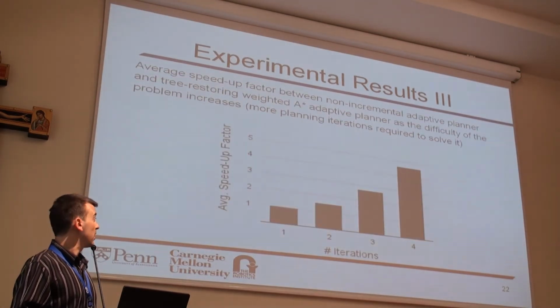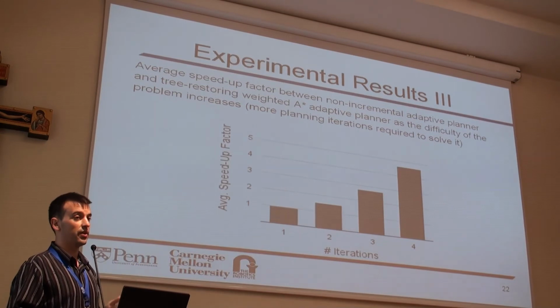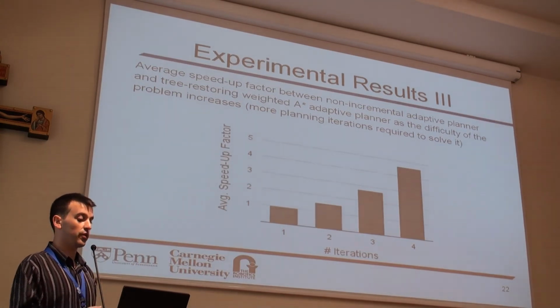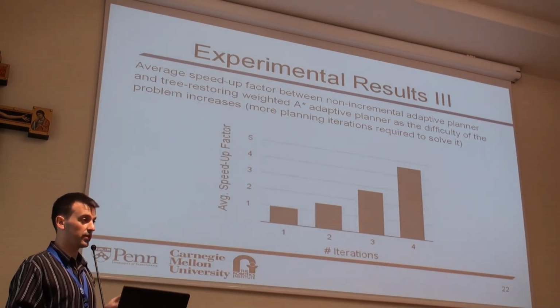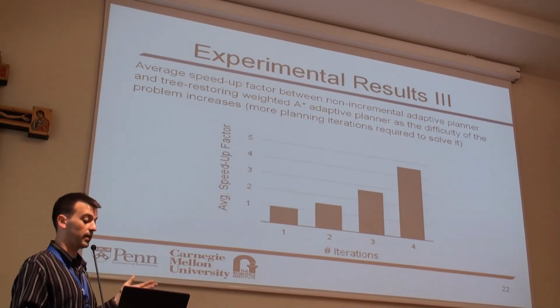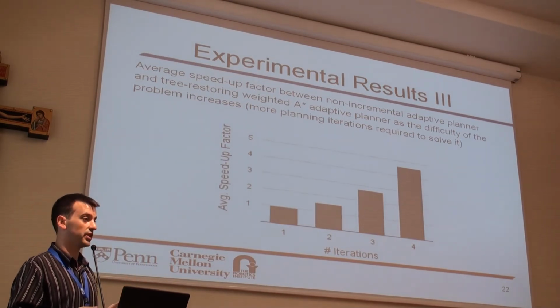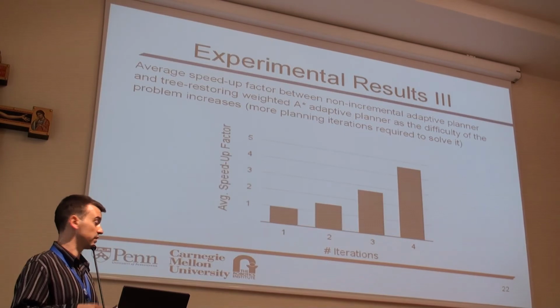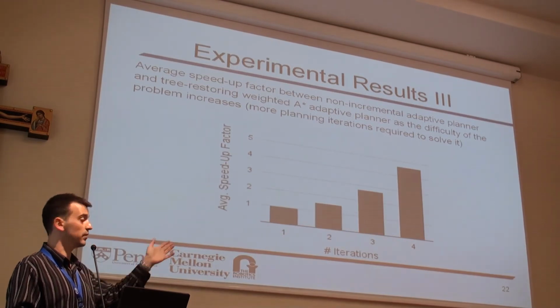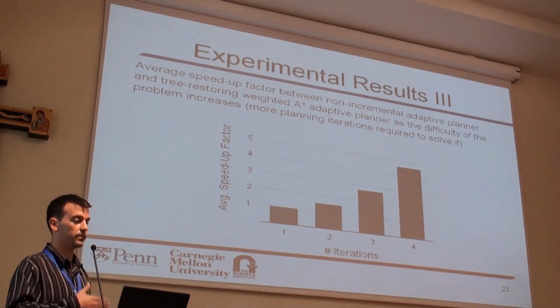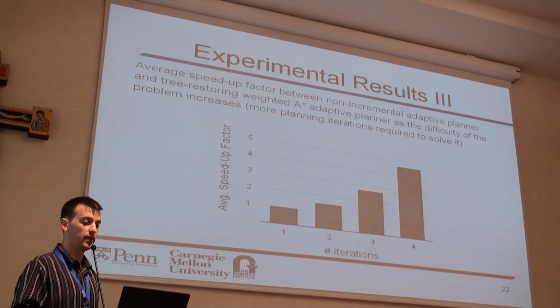And this is a plot of the average speed up factor that we observe between the tree restoring weighted A-star and the non-incremental adaptive planner as the number of iterations or the toughness of the problem increases. So we can see we get much better speed ups as the difficulty of the problem increases.